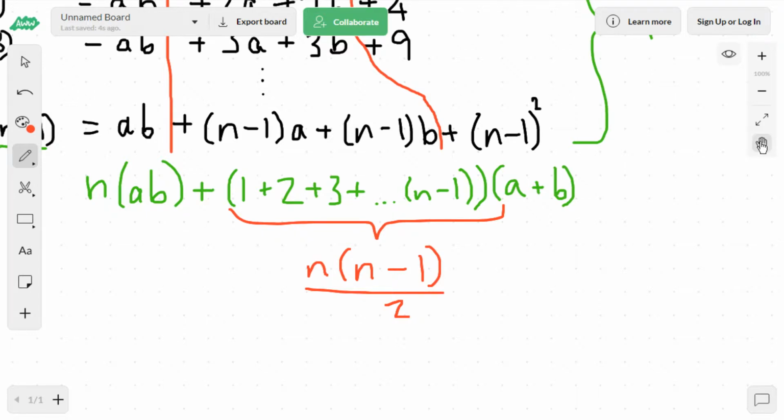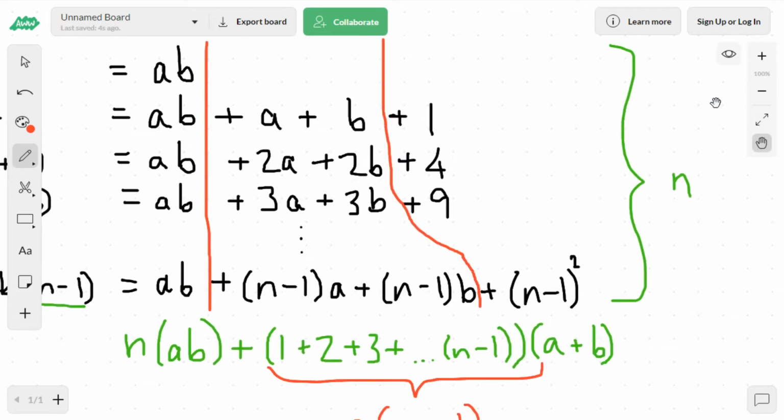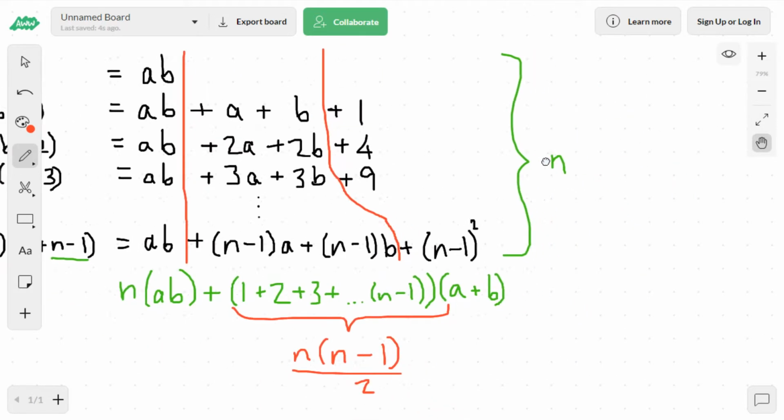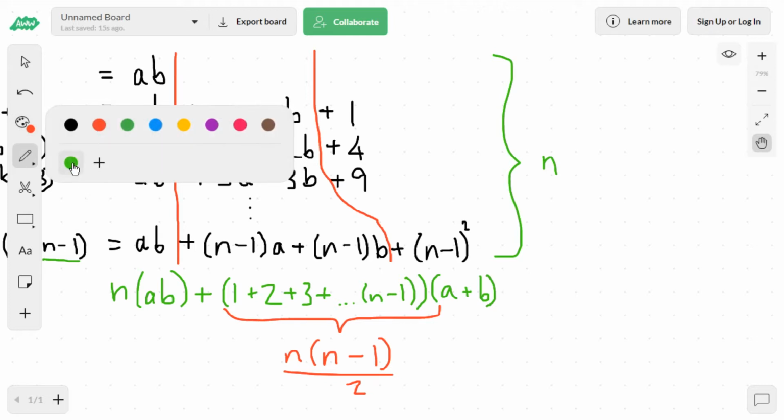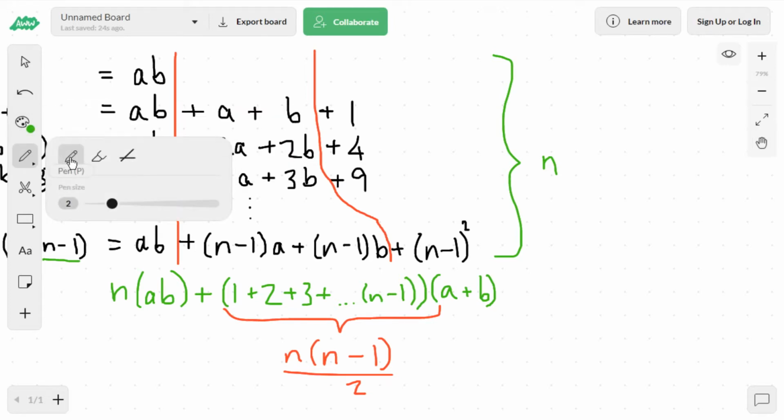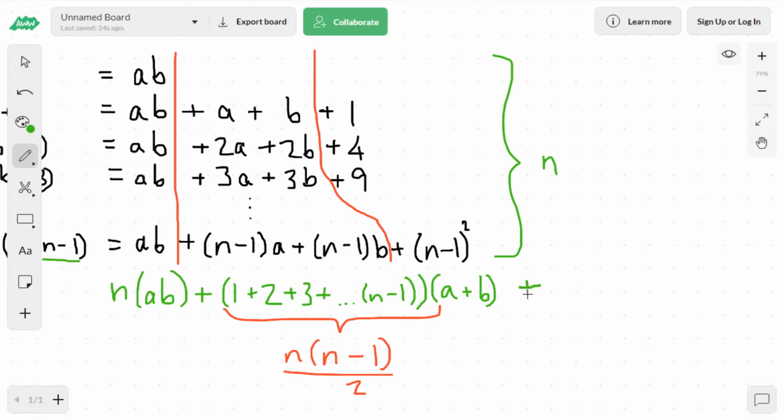Okay, cool. Now we're getting to the tough stuff, okay? Because we've handled, well, none of this was easy, but this is the part that's really going to be kind of tough. So basically what we have now is not just the sum of the numbers. It's not just the sum of 1 to n. What we have here is the sum of the squares from 1 to n minus 1.